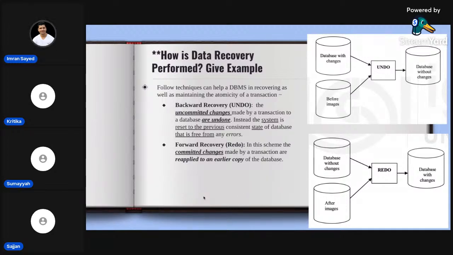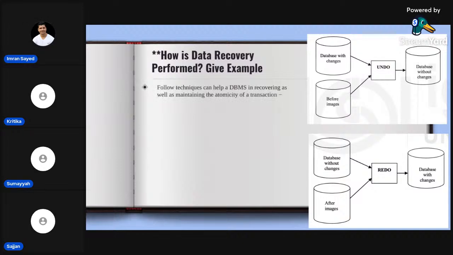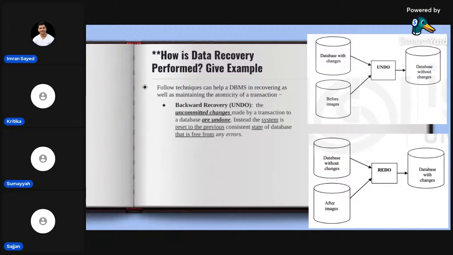Okay, Sumaya, can you read this? The following techniques can help a DBMS in recovering as well as maintaining the atomicity of a transaction. Backward recovery, or undo: the uncommitted changes made by a transaction to a database are undone. Instead, the system is reset to the previous consistent state of the database that is free from any errors.